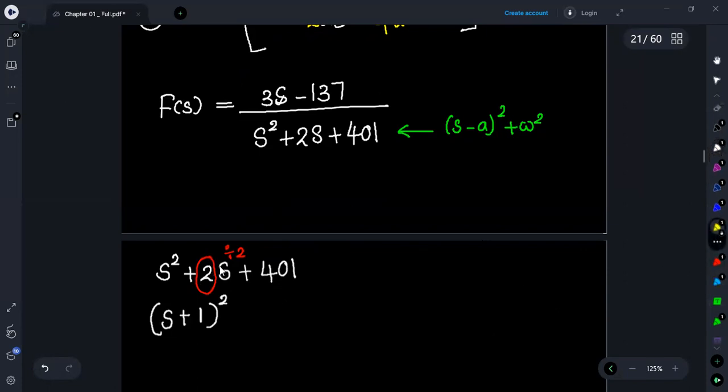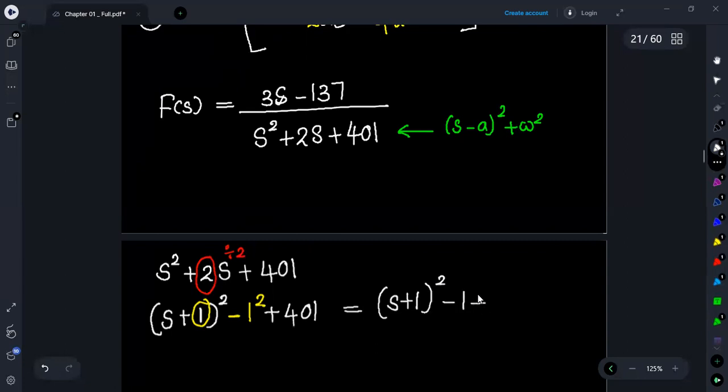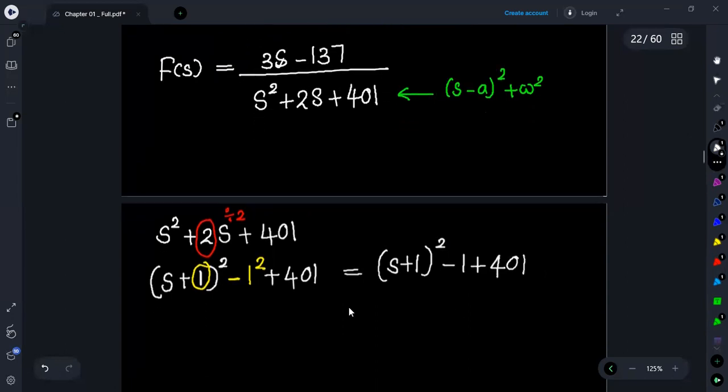In the next step, we need to reduce the square of this term, 1 to the power 2, and then plus 401. If we simplify this, we can see that s plus 1 to the power 2 minus 1 plus 401, and this is equal to s plus 1 to the power 2 minus 400.